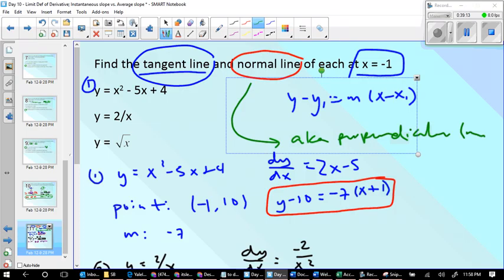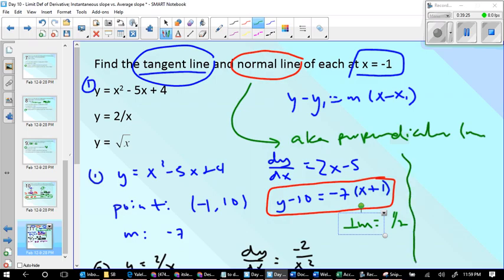So my perpendicular line, okay, if I have a slope of -7 here, what's my perpendicular slope? Negative reciprocal is 1/7. I'm going through the same point, so I'm just going to write my normal lines over here. My normal line, well, still y minus 10, same coordinate, but now my slope is 1/7.